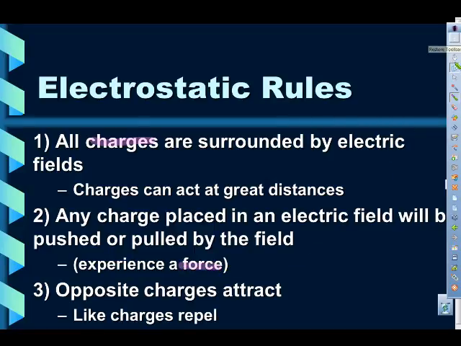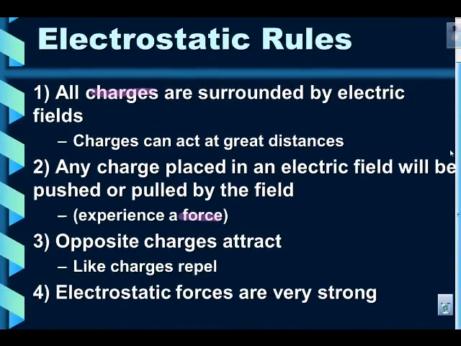So in the case of our balloons that we had a second ago, when we have one balloon that's charged up, and we bring another balloon nearby, this first balloon is either going to push or pull accordingly depending on the charge that's there. Again, opposites attract and like charges repel.